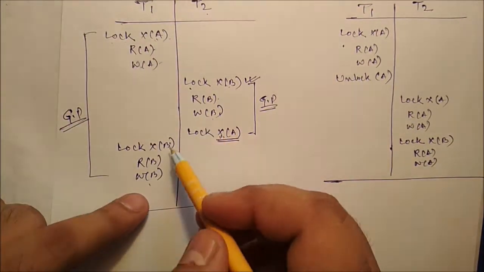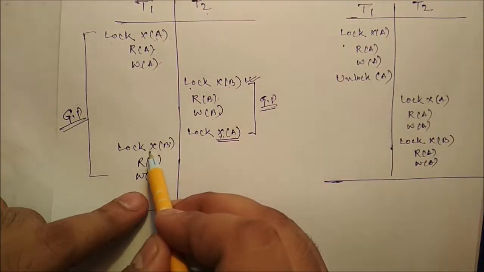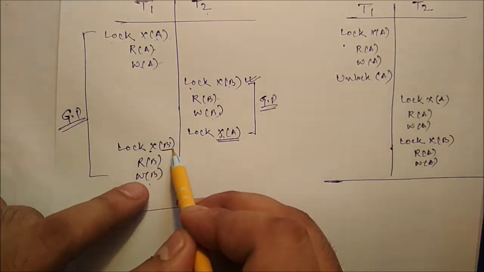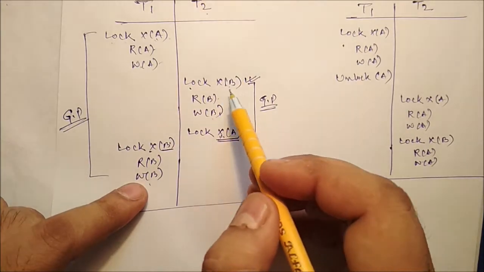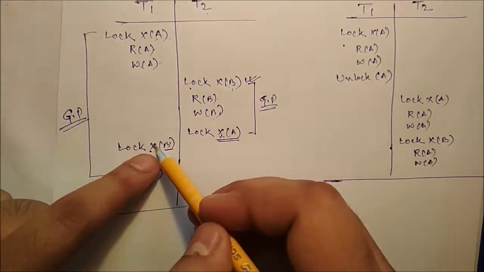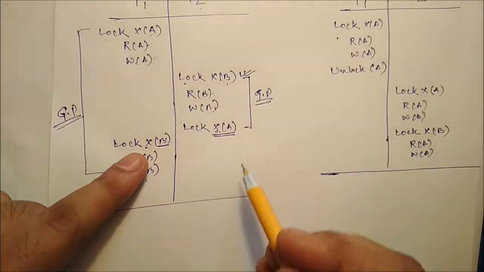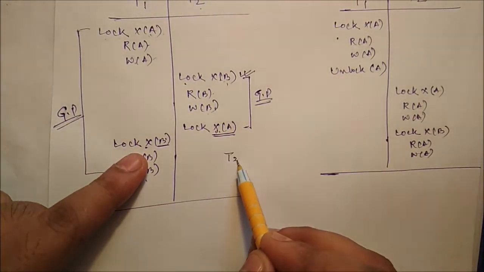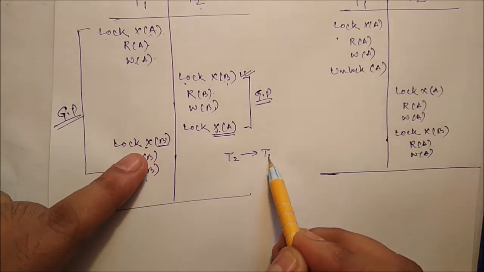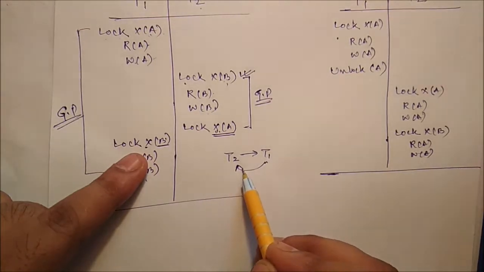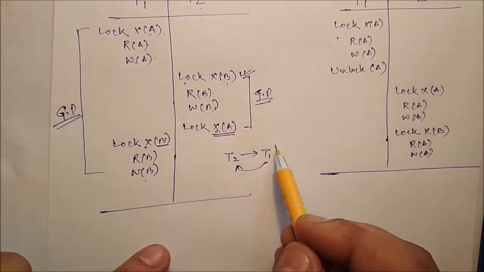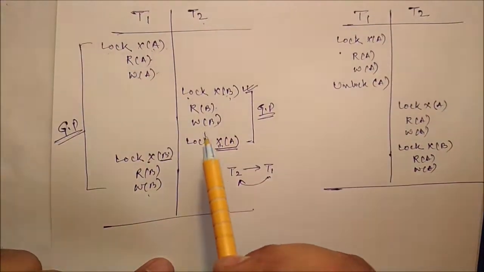But after some time T1 needs this particular B variable, while T2 is using the B variable, and both are non-compatible. That means T1 must wait for T2. So T2 is waiting for T1 and T1 is waiting for T2. That means there is a cycle. Now the deadlock will happen.